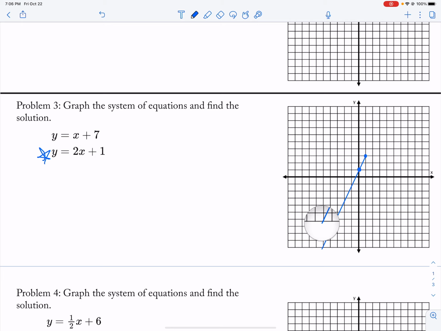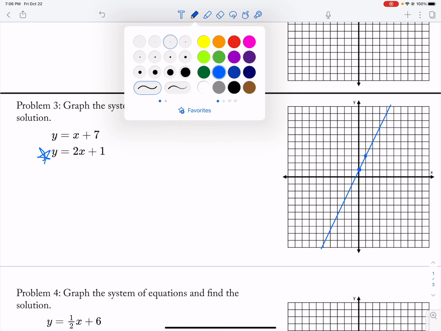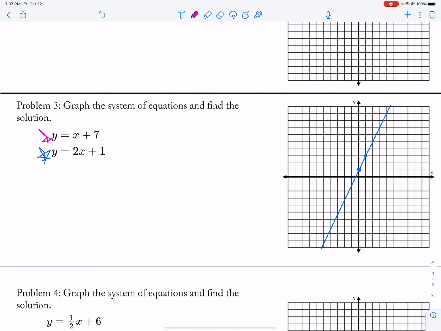And so our graph kind of looks, trying to make it as exact as I could possibly make it. Okay. And then I have my top one, which is at 7, 2, 3, 4, 5, 6, 7. And that's a point there. And then I go up 1, right 1.